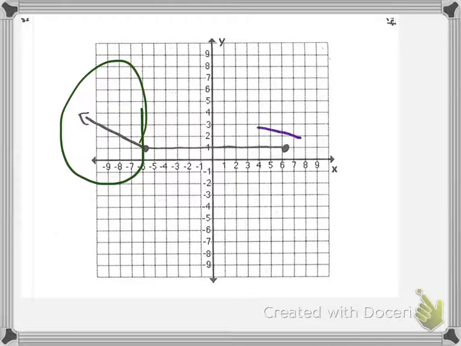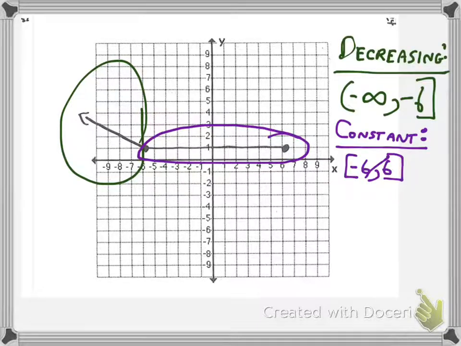And we can also see an interval where the graph is flat. This graph is decreasing on the interval from -infinity to -6 and constant on the interval from -6 to +6. Notice also because the graph is filled in, I use the closed brackets for the endpoints.